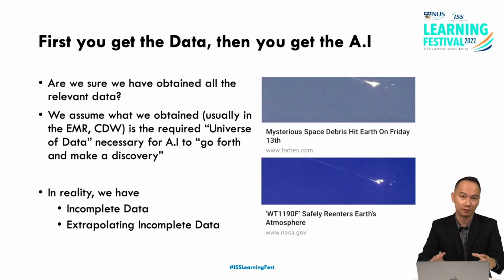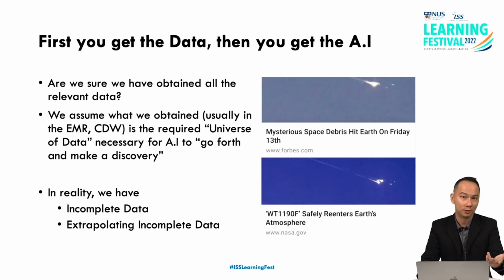We're trying to find out things that we don't know. We don't know what we don't know, but we assume all the data is actually available inside our electronic medical record system. That actually doesn't work, because to find out the unknown, you need really good data. We don't even know what data to capture in this case. So it's really Einstein thinking.